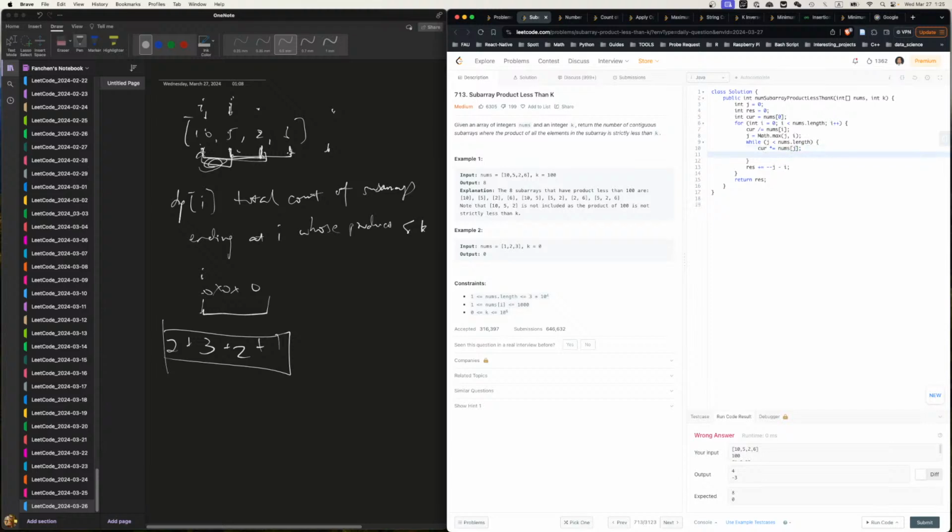Okay. Current times equal to nums j, right? If current is larger or equal to k, that would just break. Right, else don't break, j++. Right, and now we try the next one.